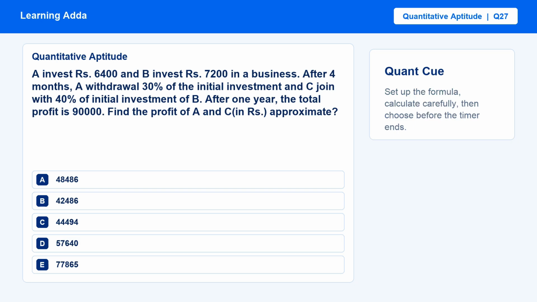Question 27. A invests rupees 6,400 and B invests rupees 7,200 in a business. After 4 months, A withdraws 30% of the initial investment and C joins with 40% of the initial investment of B. After 1 year, the total profit is 90,000. Find the profit of A and C in rupees, approximately.